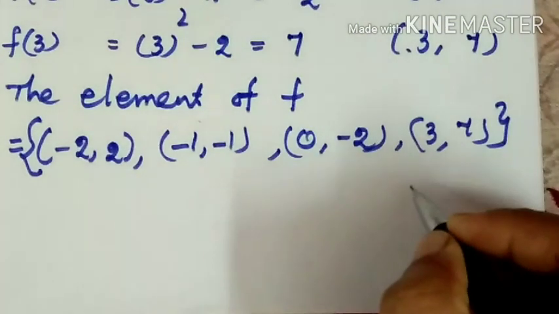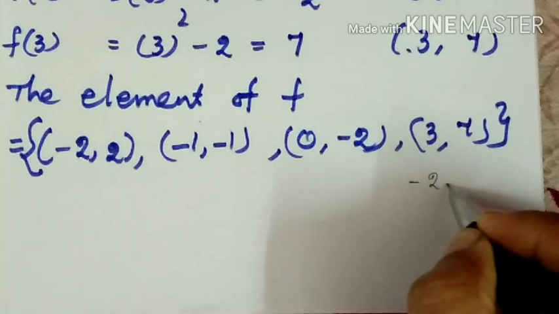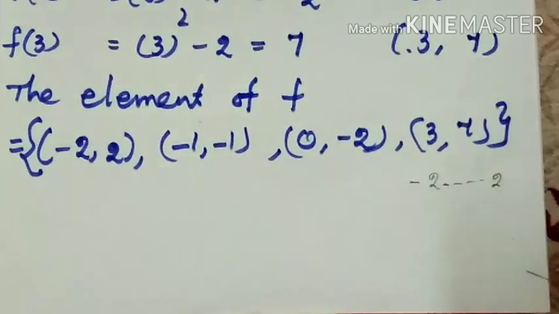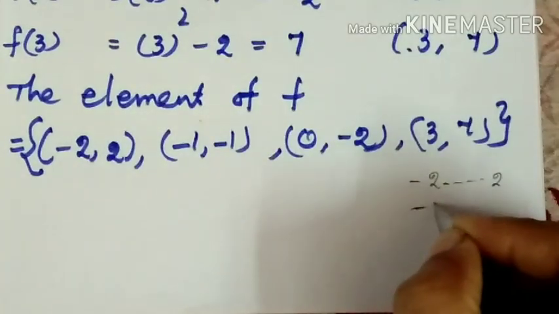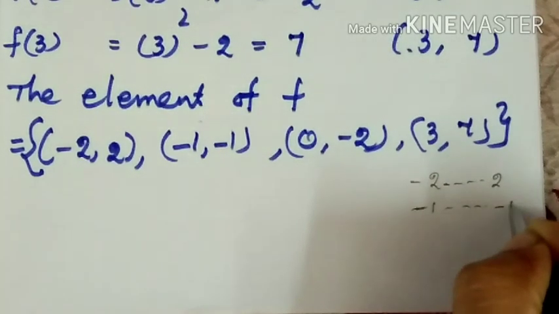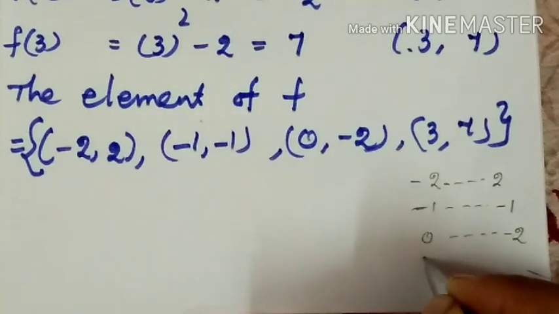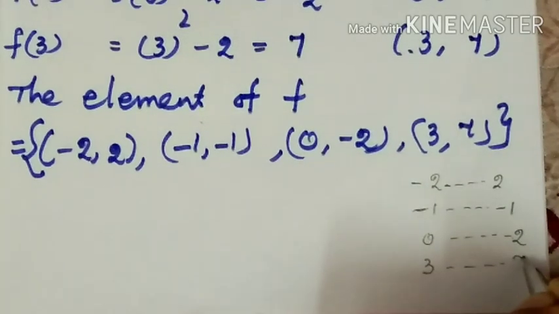From this you observe minus 2 is associated with 2, minus 1 is associated with minus 1, 0 is associated with minus 2, and 3 is associated with 7.